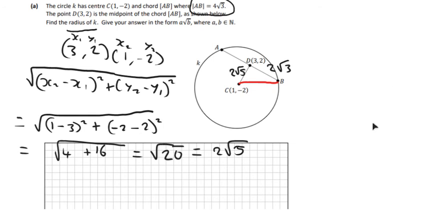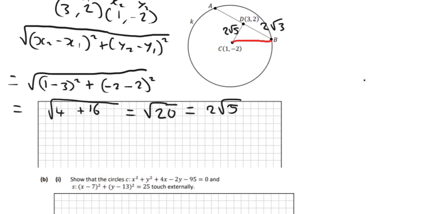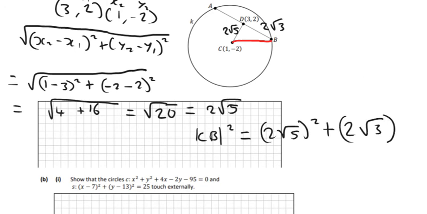So we can just use Pythagoras then to work out the distance from C to B. So CB squared would be 2 root 5 squared plus 2 root 3 squared. You can use a calculator for these.